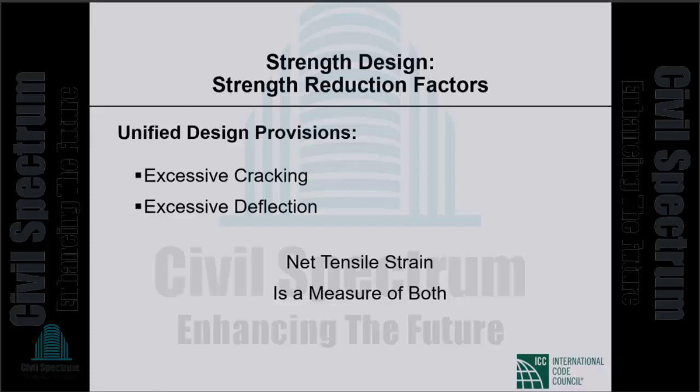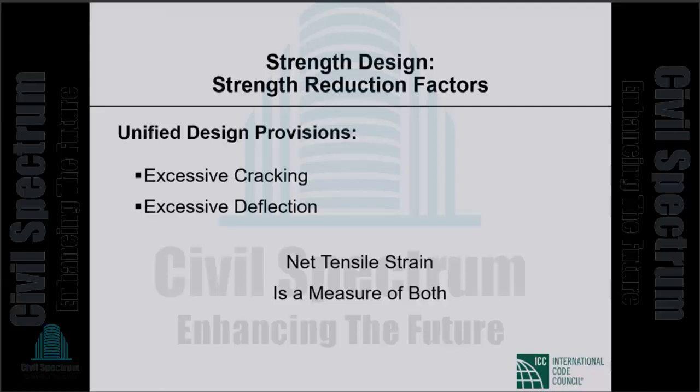One of the smartest engineers that it has been my privilege to know. Bob Mast went for net tensile strain as the basis of his unified design because it is indicative of both excessive cracking and excessive deflection.